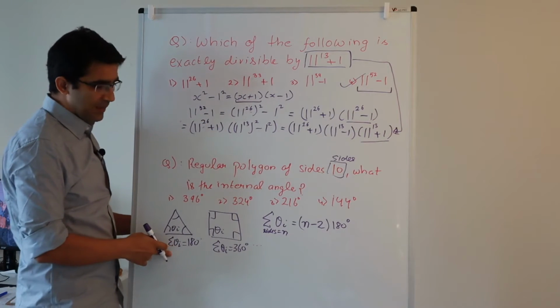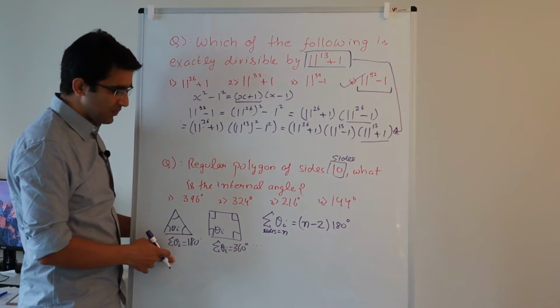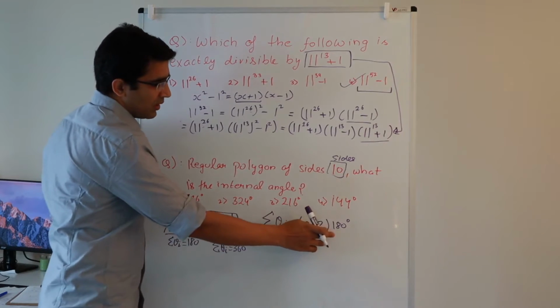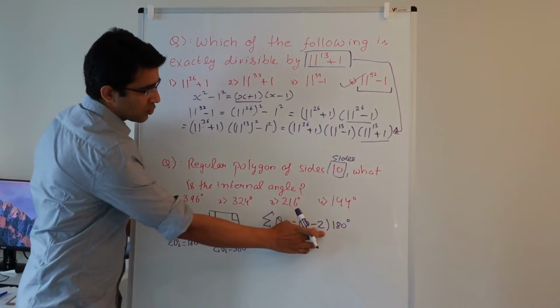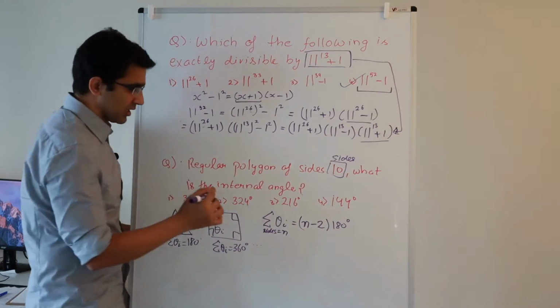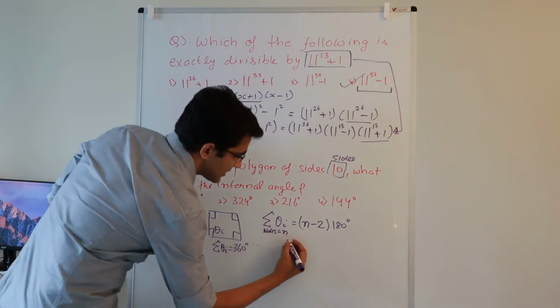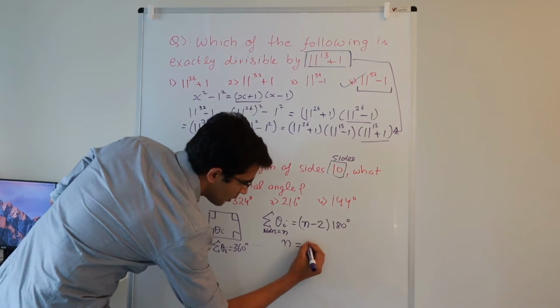For example, if you put n equals 3, this will be 3 minus 2 equals 1 into 180 degrees, and for 4 it will be 4 minus 2, that is 2 into 180 degrees, which gives you 360 degrees. Now what is given to us is that n is equal to 10.